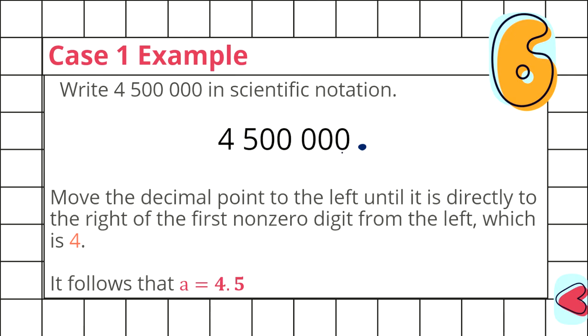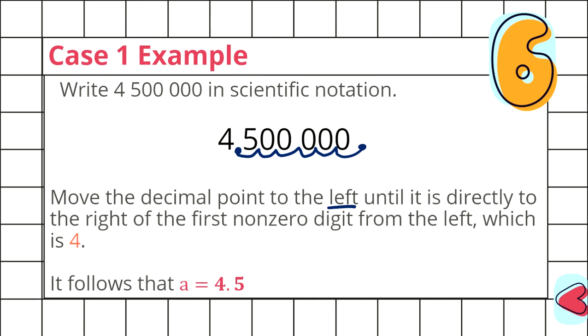That's why we have to move to the left until we come to the right of the first non-zero. So 1, 2, 3, 4, 5, 6. It follows that our A, or our coefficient, would be 4.5.